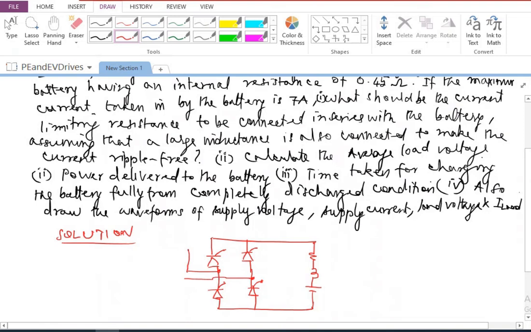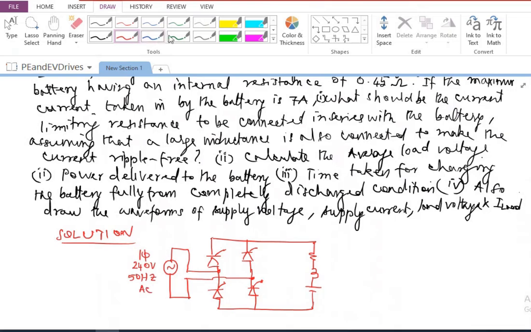And I'm going to look at this as the supply voltage. So this is 240 volts, 50 hertz, single phase AC. And I'm having this device as, say, T1, this as T4, this as T3, this as T2, and this is the external resistance we are connecting.